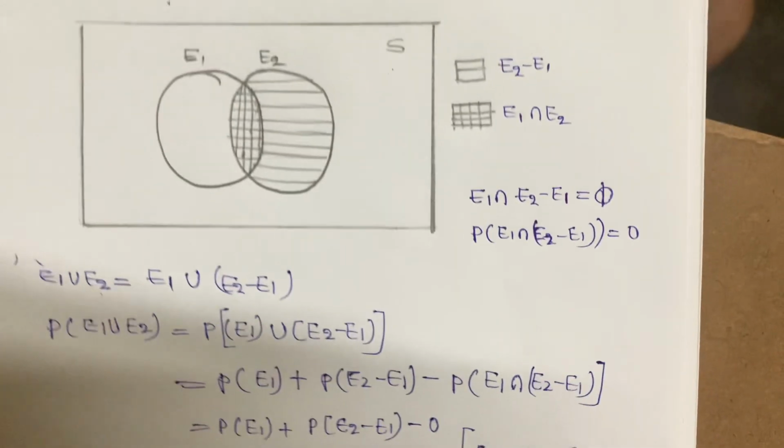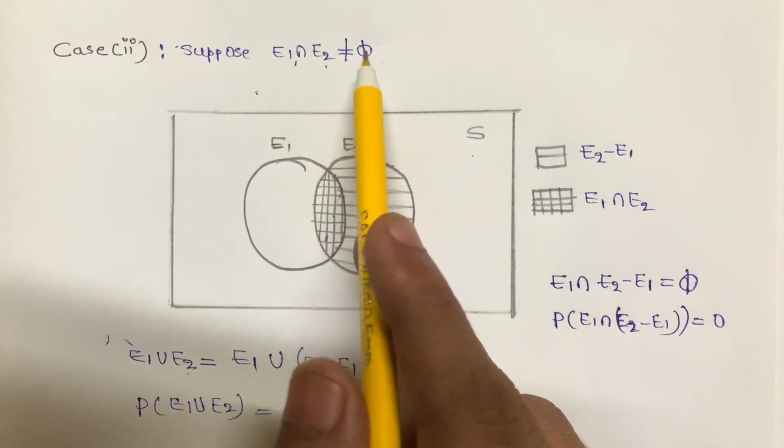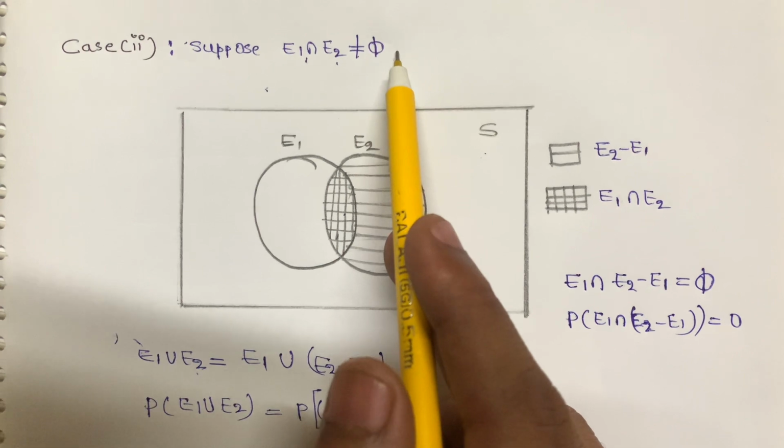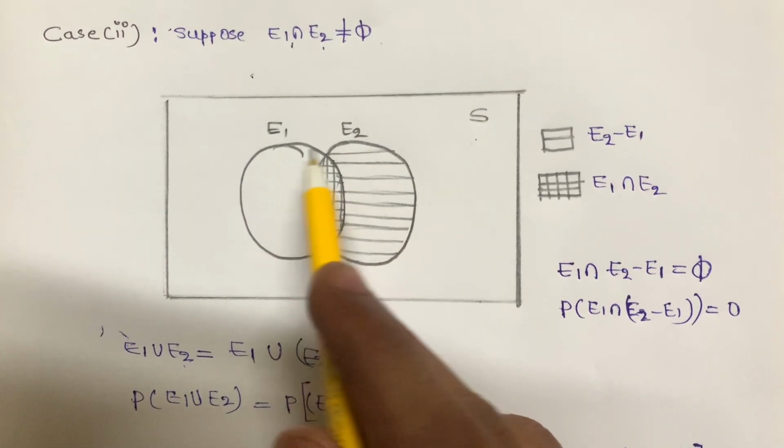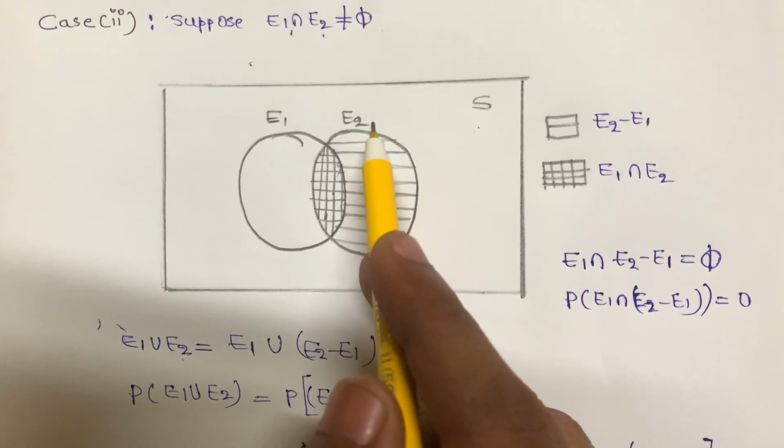Now in this second case, intersection value is not equal to phi, which means we have some common values between event 1 and E2.